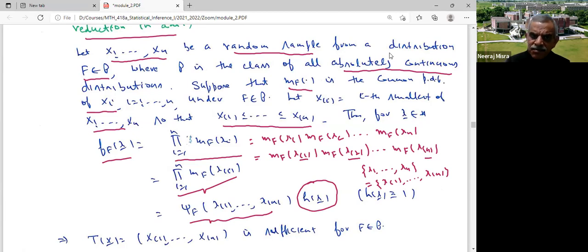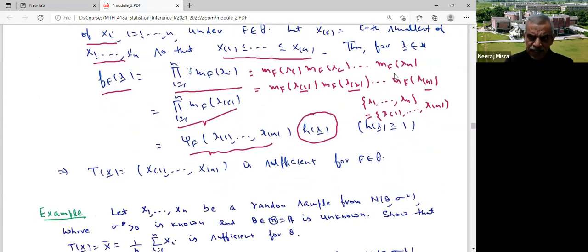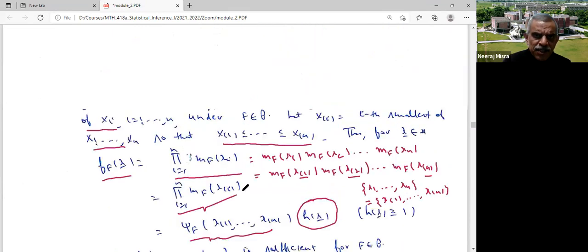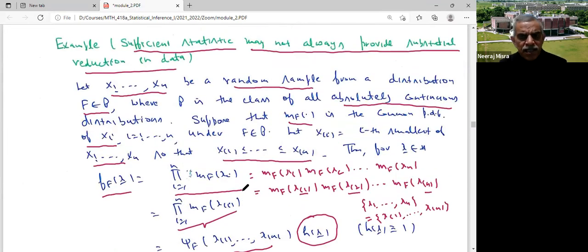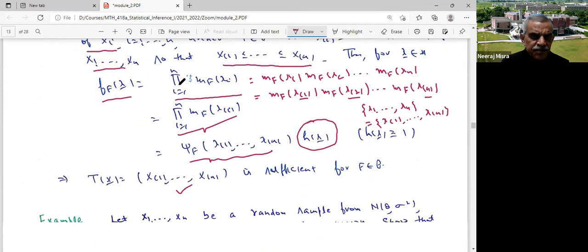So this implies that T of x1, x2, ..., xn is sufficient for f belonging to P. If I look at this statistic, it also has n dimensions, so it doesn't help us in a big way in reducing the data. So a sufficient statistic may not always be in a position to give you a substantial reduction in the data.